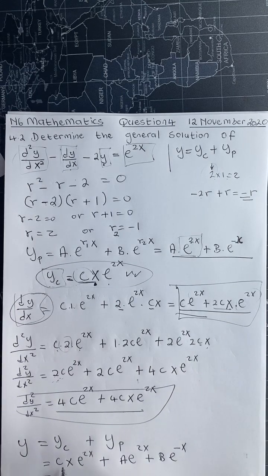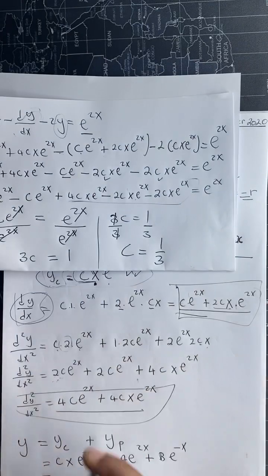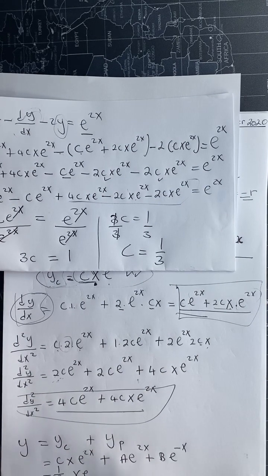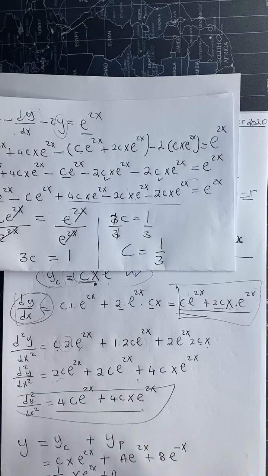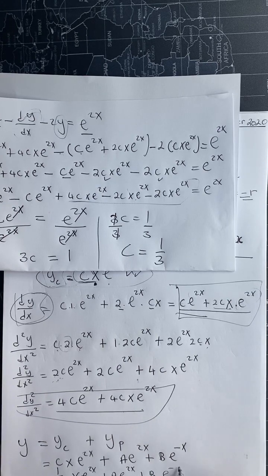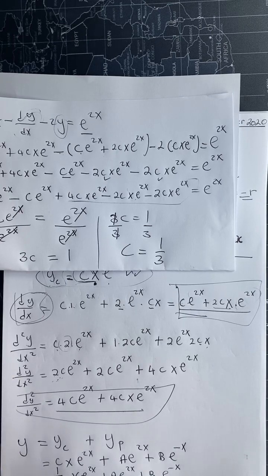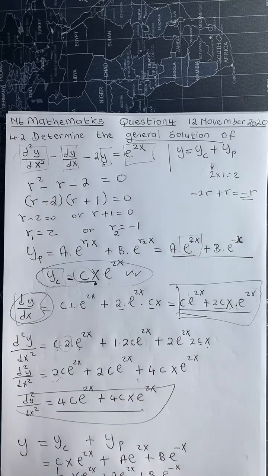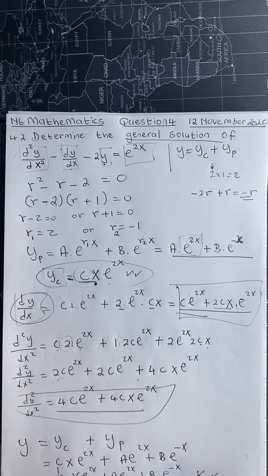But we have to substitute, so we determine that c is equal to 1 over 3. So in the place of that c, we substitute the 1 over 3. Because we are not given any points, we are told to determine the general solution, so there won't be any need for us to determine the value of a and b. So this will be our general solution for question 4.2.